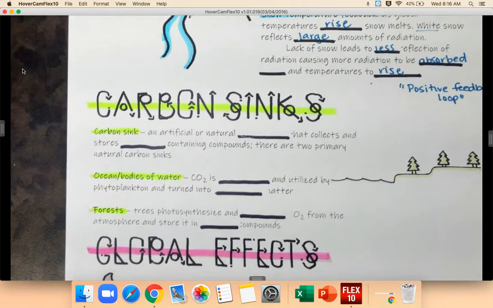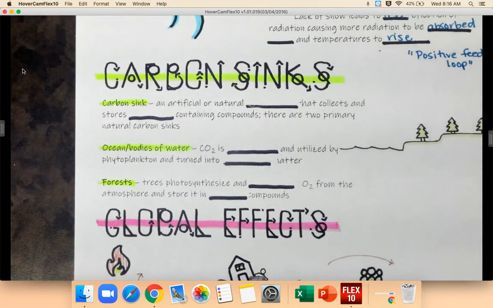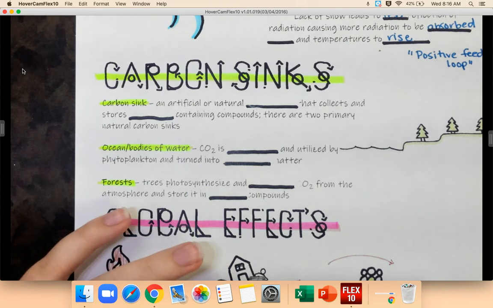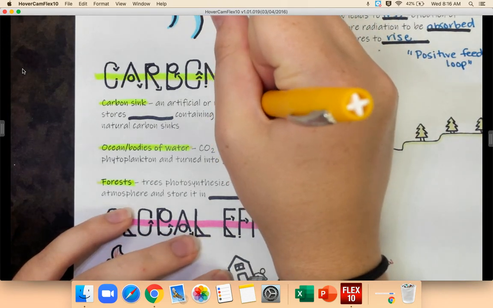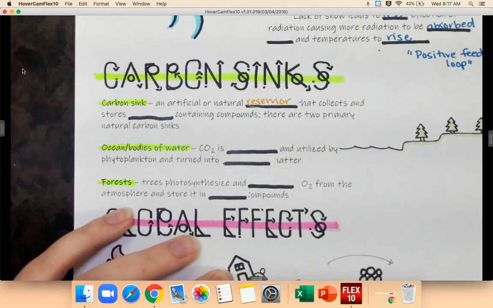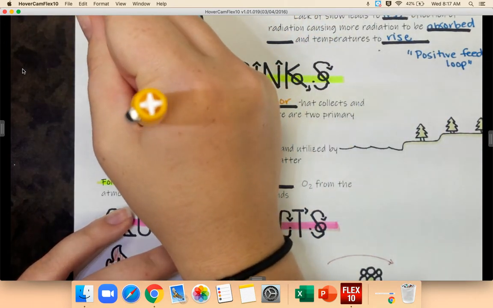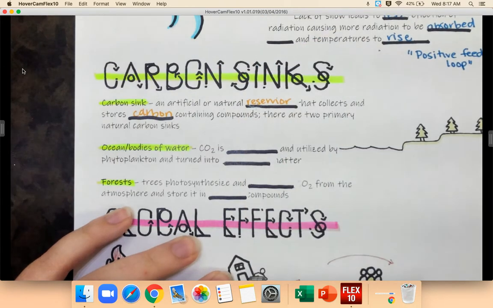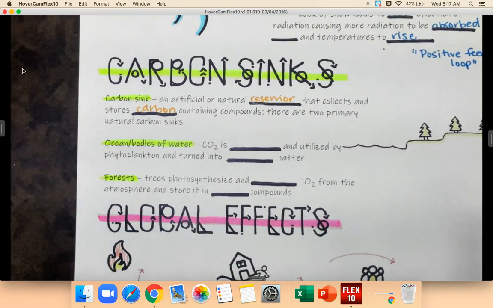Okay, let's move on to carbon sink. A carbon sink is an artificial or natural reservoir that collects and stores carbon containing compounds. There are two primary natural carbon sinks.